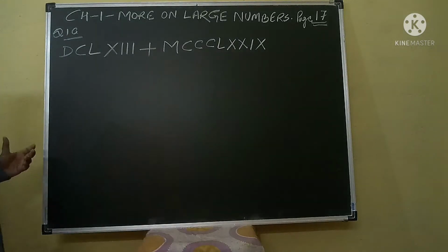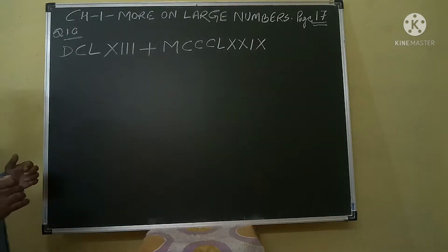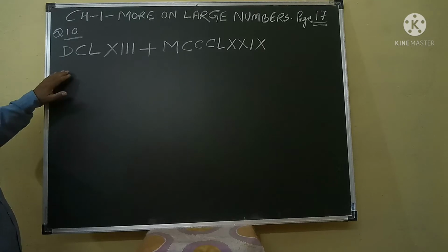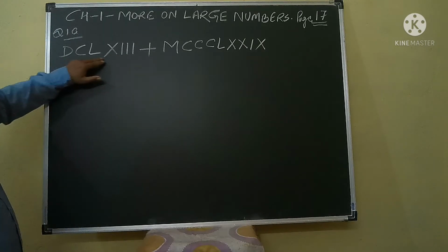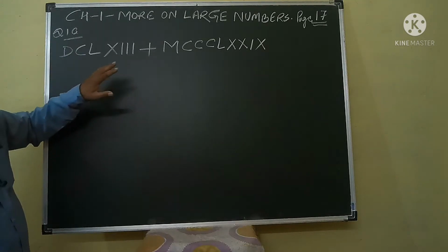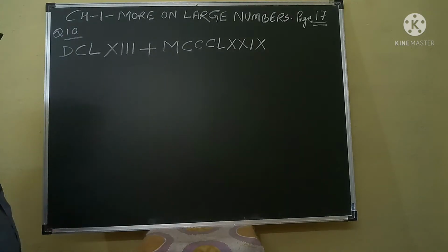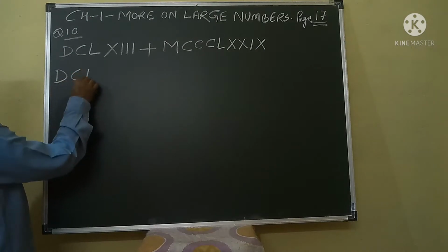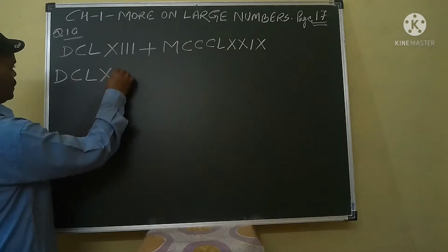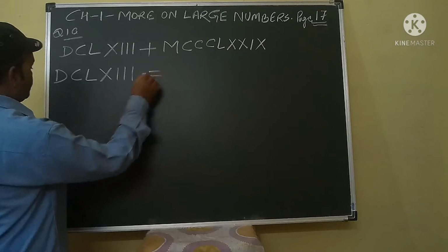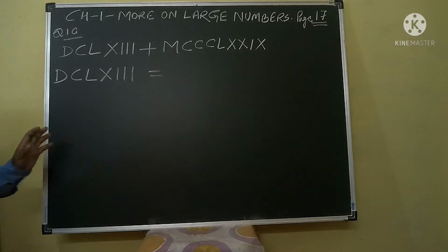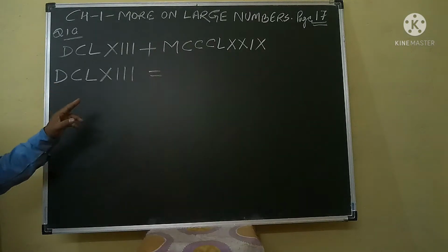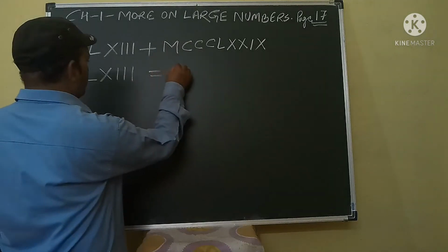Now we will discuss. First we will find out which natural number each symbol stands for. Now we discuss D C L X I. You know very well, as we have already discussed, D is the symbol of 500.